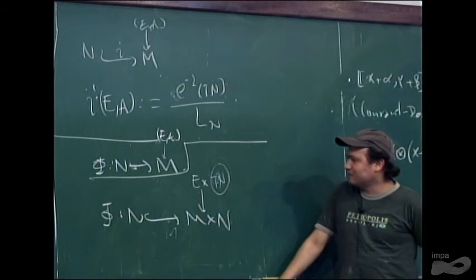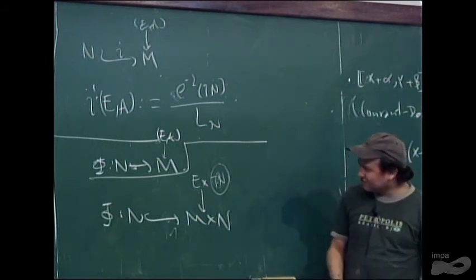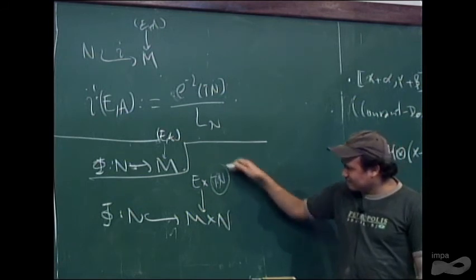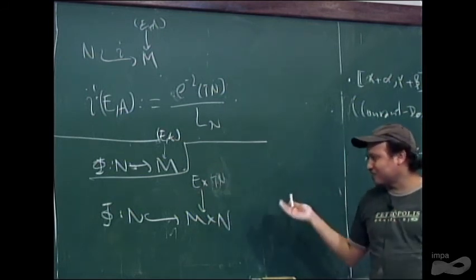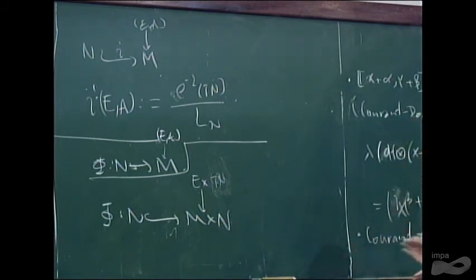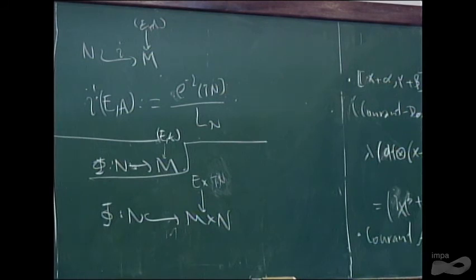So the question is, what's going on? Do we have to consider some different types of algebroids inside Courant algebroids? It's not very clear, so I wanted to understand this.